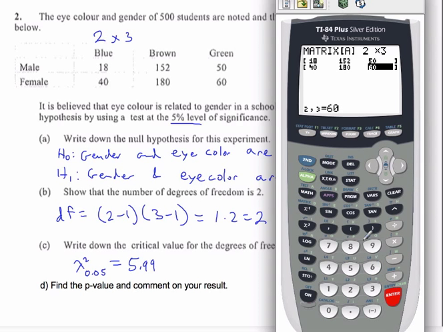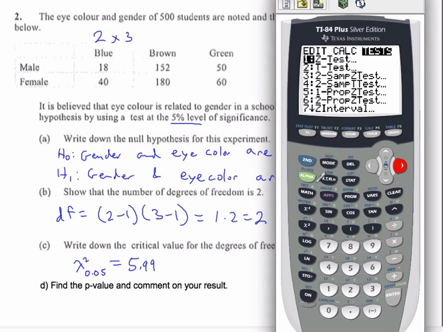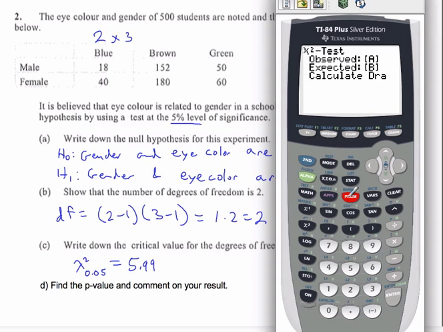Okay, so I've got my matrix done. Just checking to see if all the numbers match. Good. And now I can go calculate the chi-squared statistic by going to stat. Go over to tests. I can type alpha c because it's all the way down there. Enter, enter, enter. And there's all the information I need.